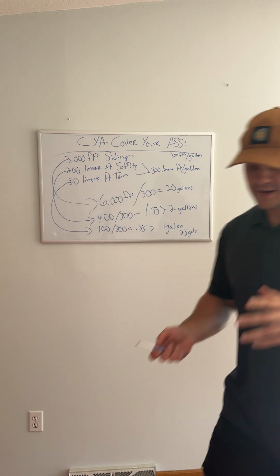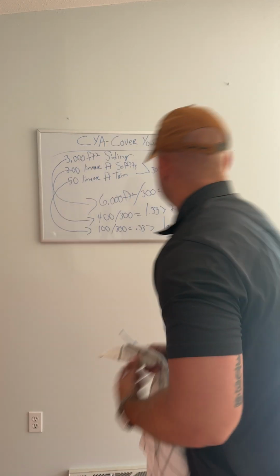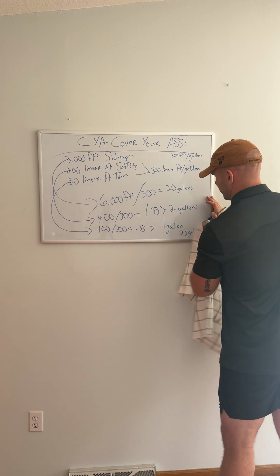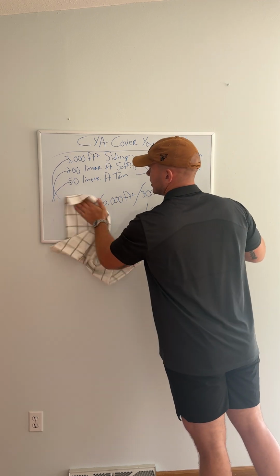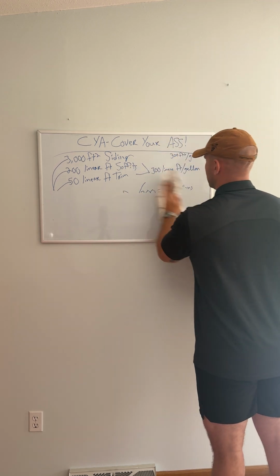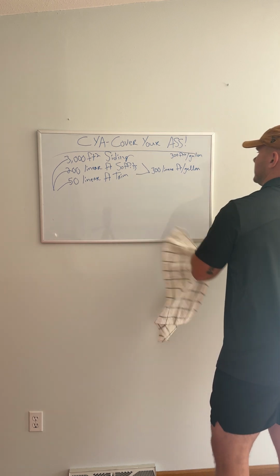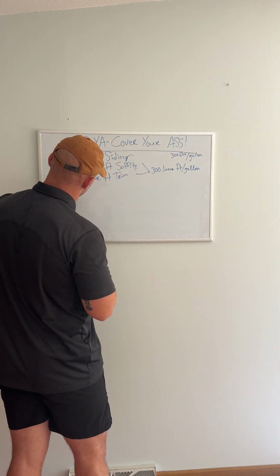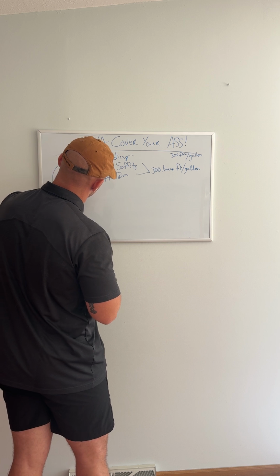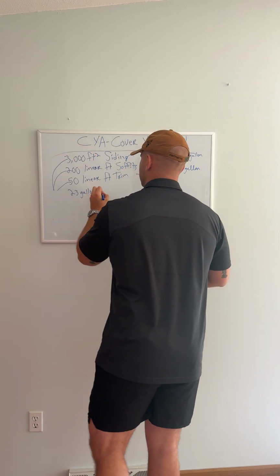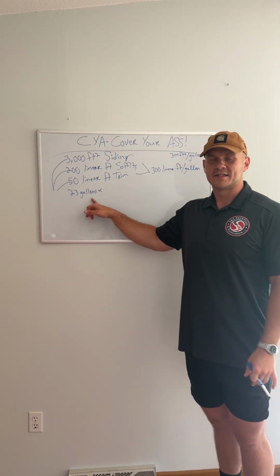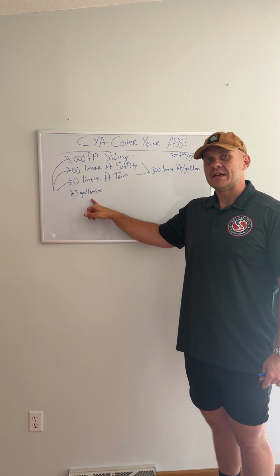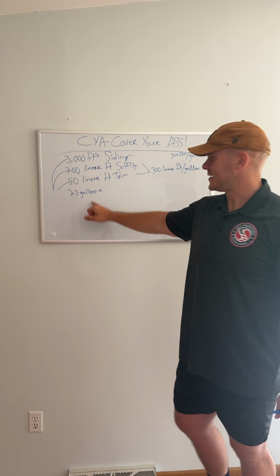Okay, I ran out of space here. I gotta clean this off. So keeping the same example, 3,000 square feet, all these things, we have 23 gallons, right? Our average cost here at S&S Painting and Restoration is $50 per gallon of paint.